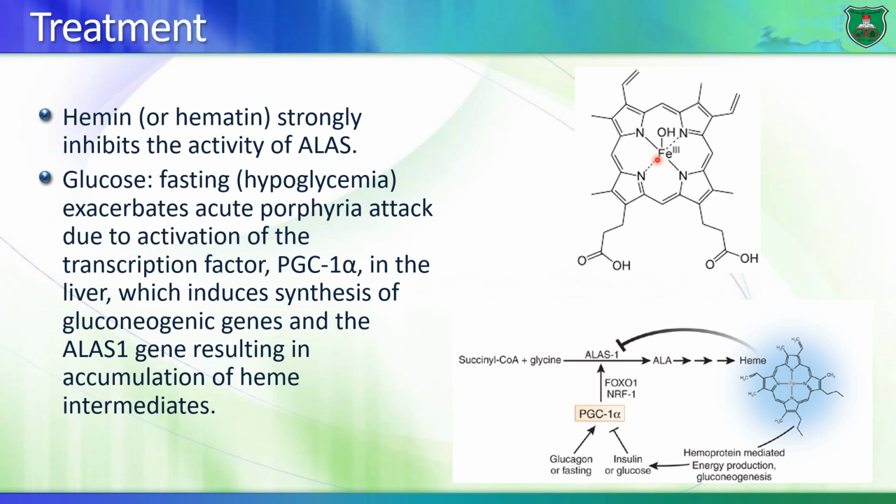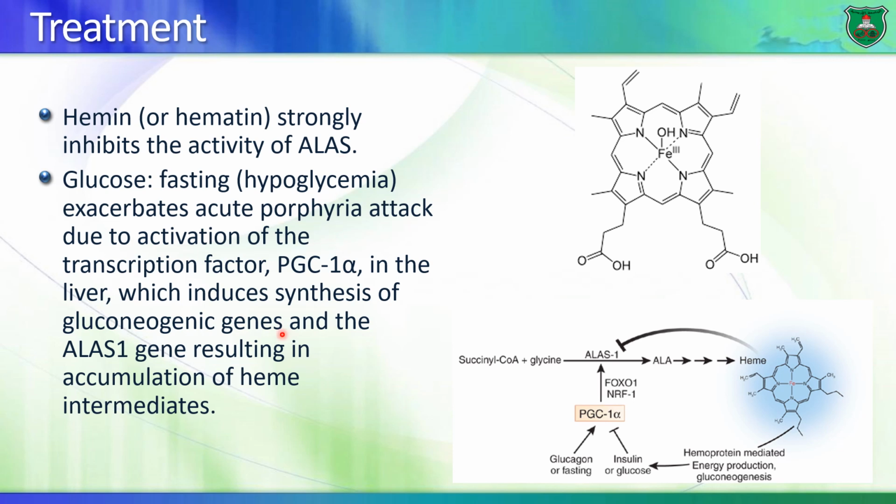But hematin has iron in the ferric state, and it is bound to chloride ions. Now hematin, instead of chloride ions, has a hydroxyl group. Regardless, what heme or hematin does is inhibit the ALA synthase enzyme, the first and most important step in the synthesis of heme.